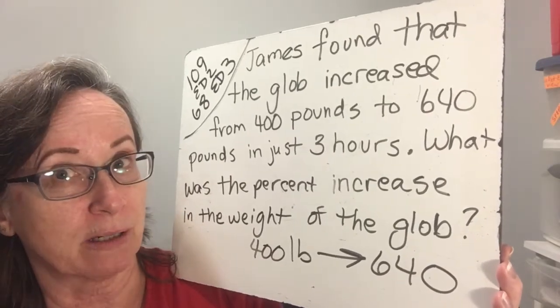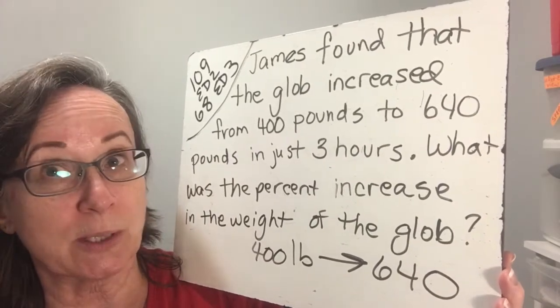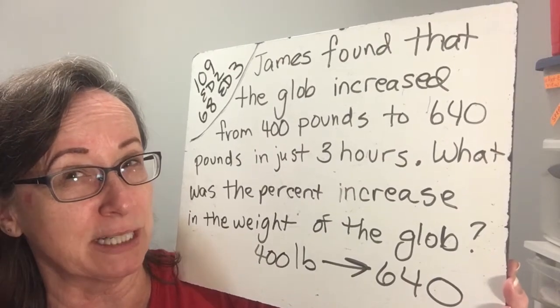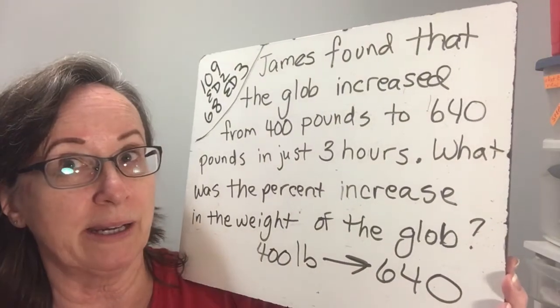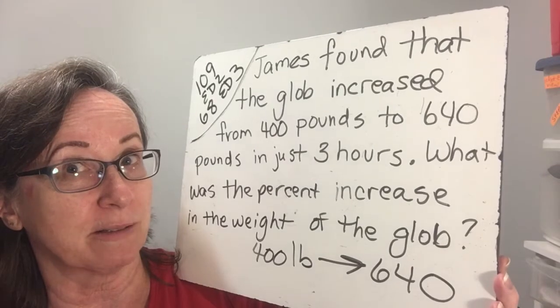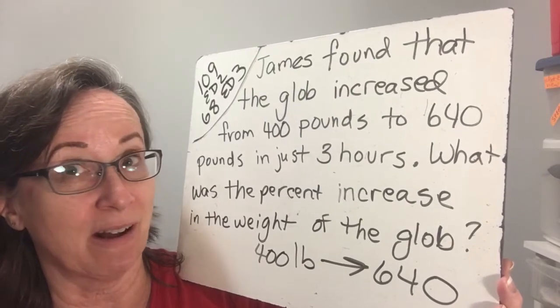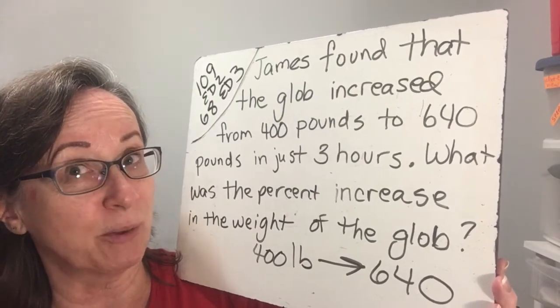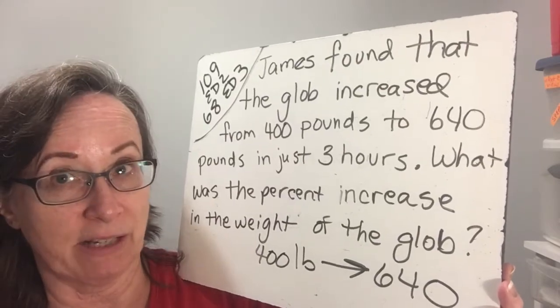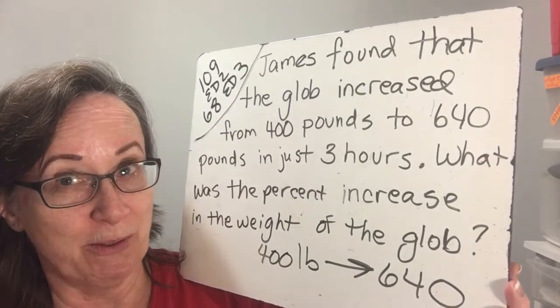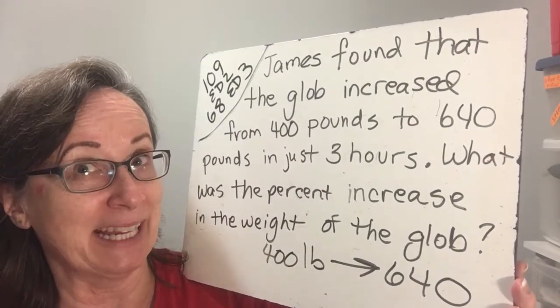And remember, percent increase or percent decrease is difference between the two quantities divided by the original. And you can always use that when you have percent increase or percent decrease. So go do that one and come back and check your answer.